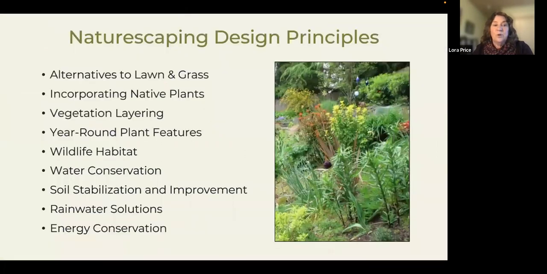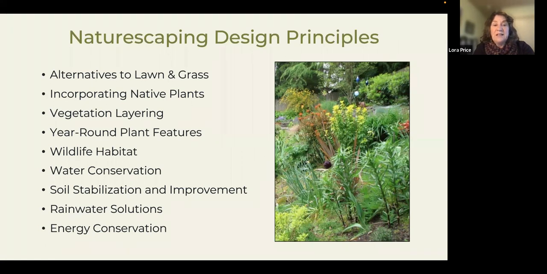And some of the other goals that you may have are really listed here as naturescaping design principles. So we're looking for alternatives to lawn and grass. I think there's something like 55 million acres, basically the size of Washington, is how much lawn we have in our country.